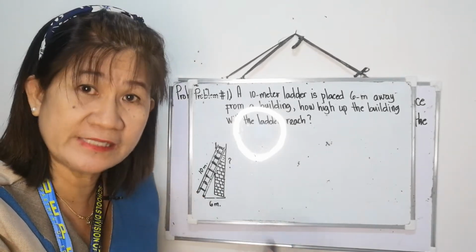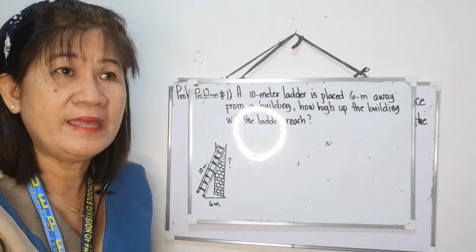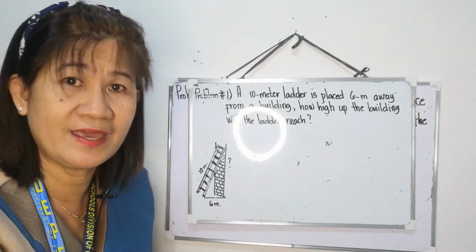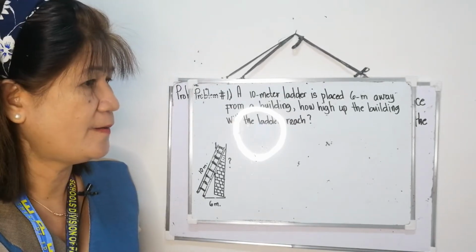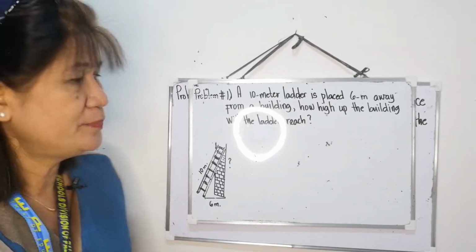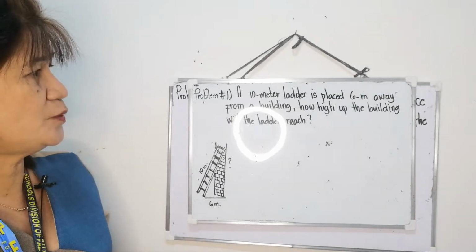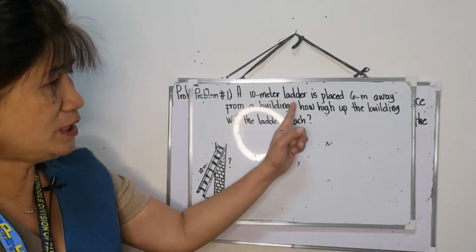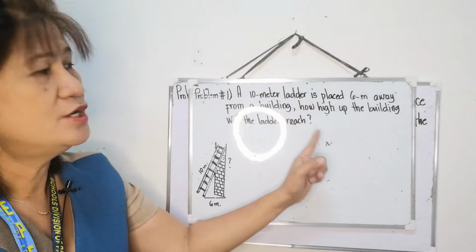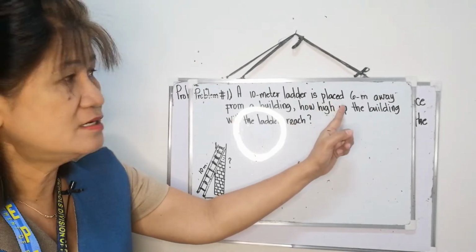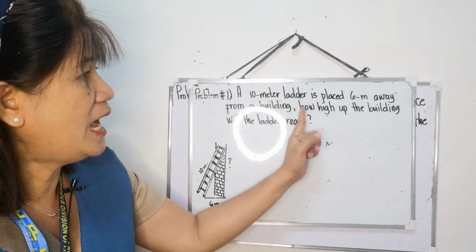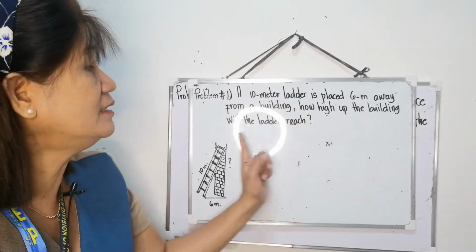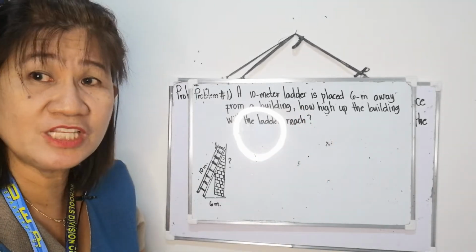You should understand the given problem and then identify what is given and what is unknown. Okay, so let us analyze the problem. A 10-meter ladder is placed 6 meters away from a building. How high up the building will the ladder reach?